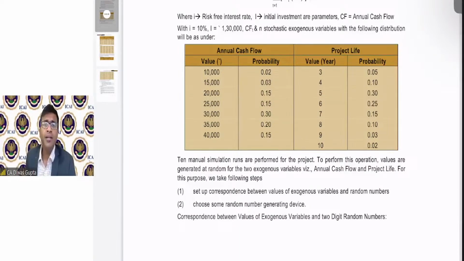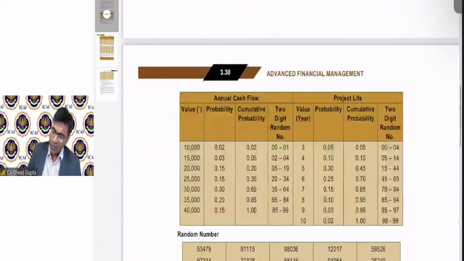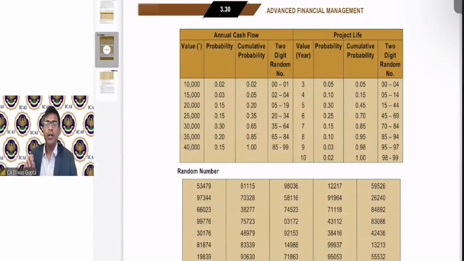And the risk-free rate and initial investment are parameters for us because we feel that they remain the same. So first of all, we have tried to capture the range for these different values, and that range is coming from the probability. Correct. Similarly for project life also.